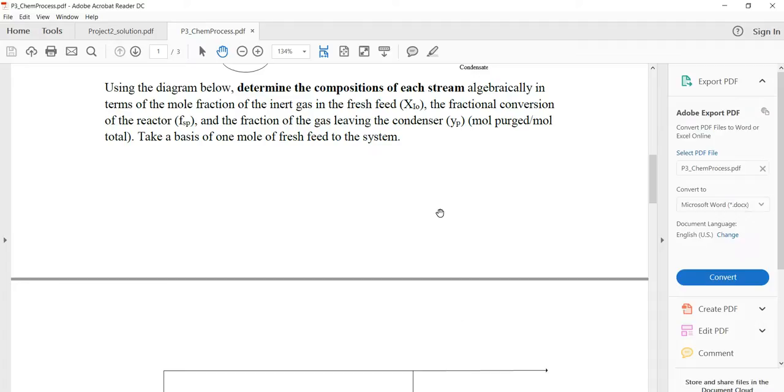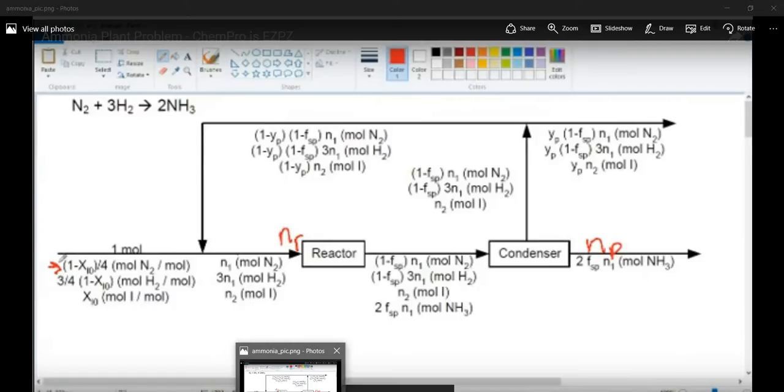So first, I would say I can explain the algebraic equations, which we derived from one of the other reference videos. Let me show you that. These equations were given to us, where NR is the total number of moles fed into the reactor, and NP is the number of moles of ammonia produced.